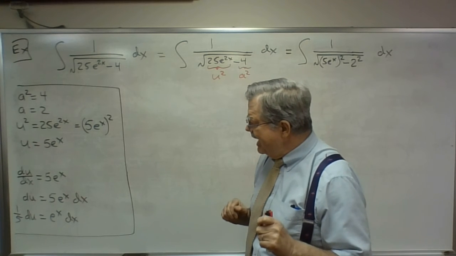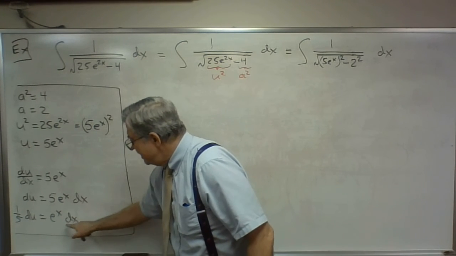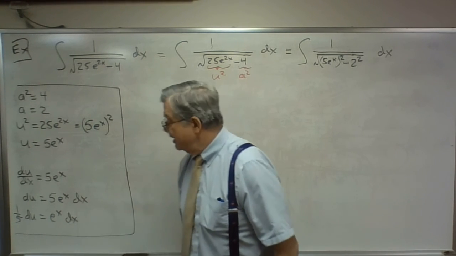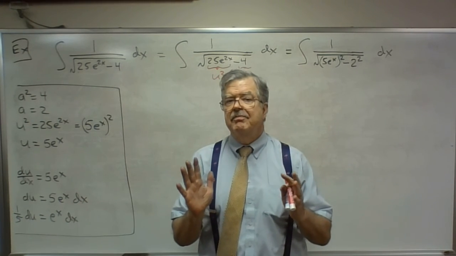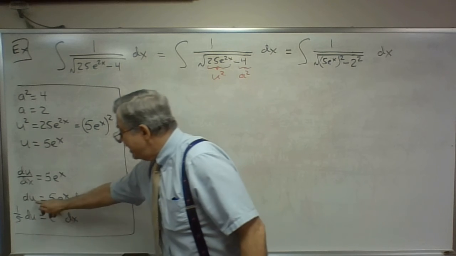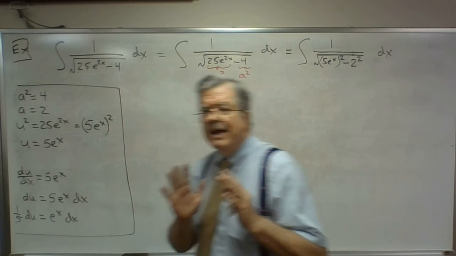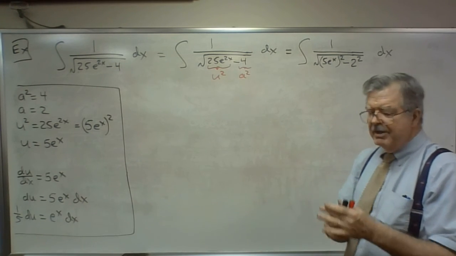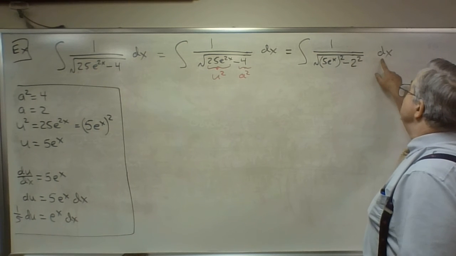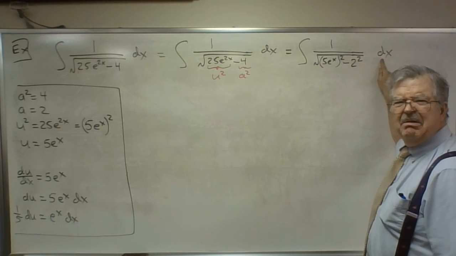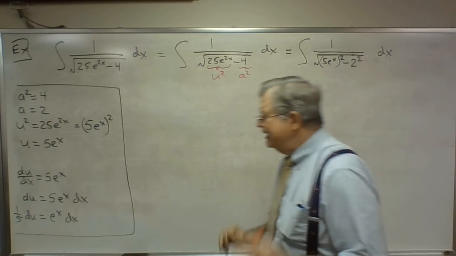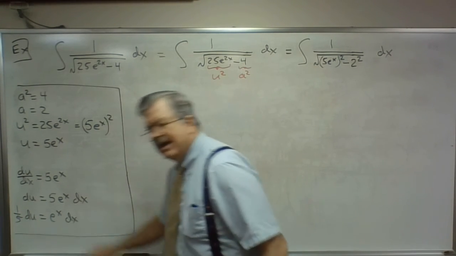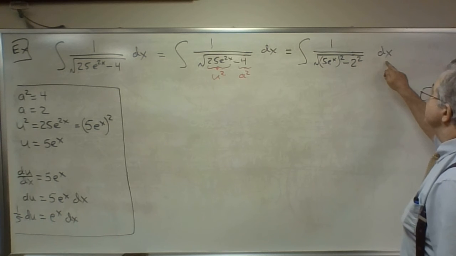But if I only had e to the x dx, I'd have a constant multiple of du. So instead of having du, I'd only be off by a constant multiple. That would be okay. At the very least, I need an e to the x in front of this dx.